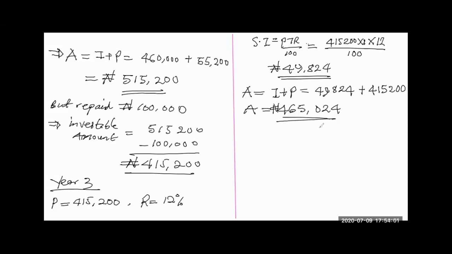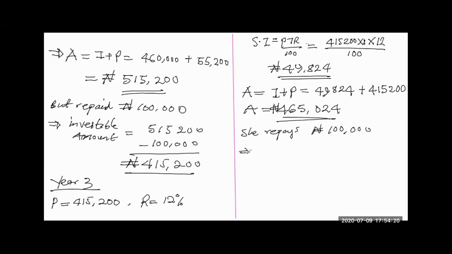Now, she will still have to pay the company 100,000 naira at the third year. All right, so let's say she repays 100,000 naira again at the third year.